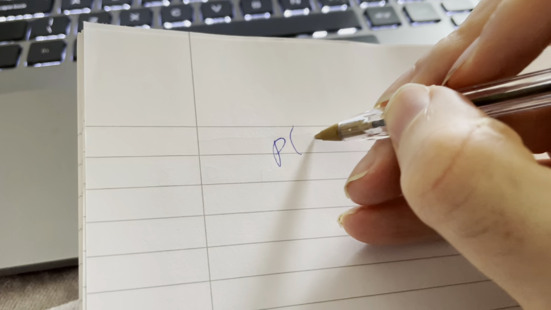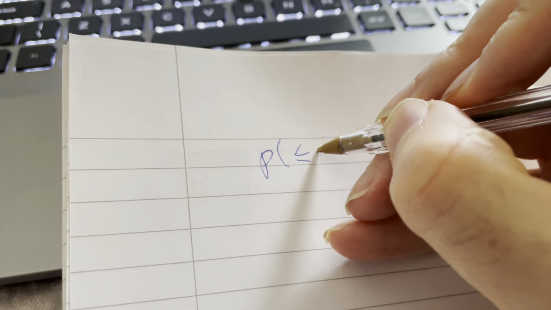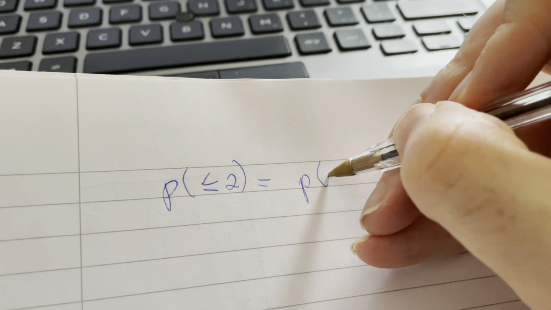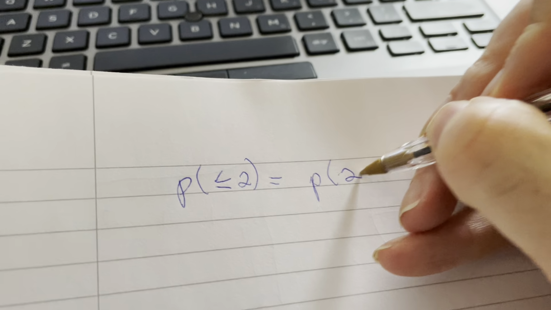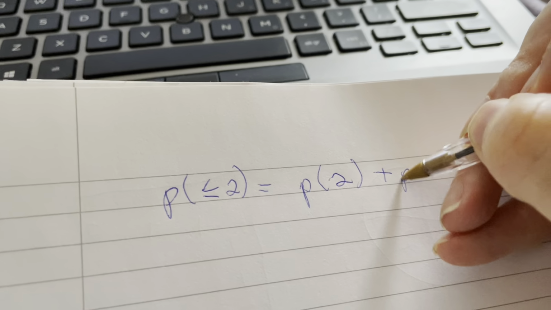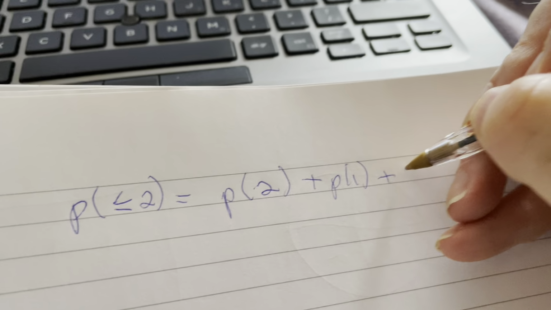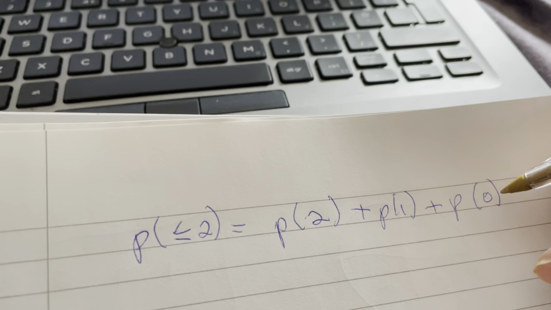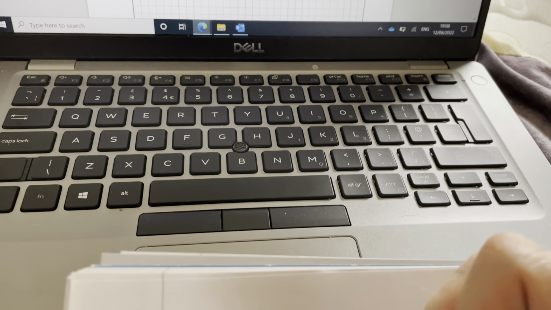You need to find the probability. So the probability of 2 or less than 2 will be equal to the probability that 2 get it, plus the probability that 1 gets it, plus the probability that nobody at all gets it. Okay, so then work out these.